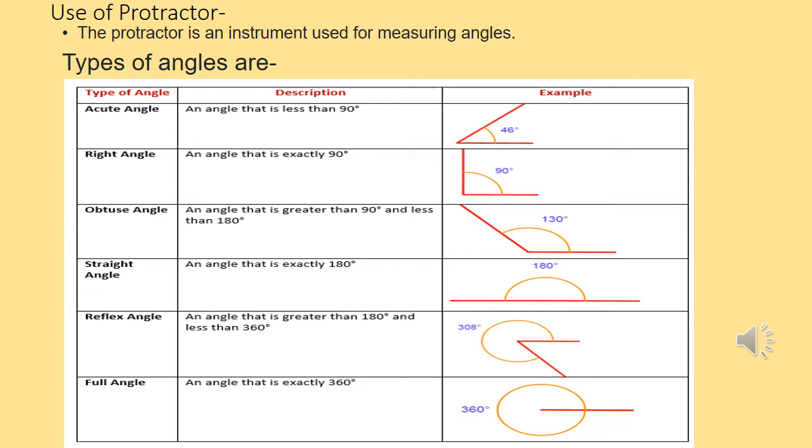Straight angle, an angle that is exactly 180 degrees. Reflex angle, an angle that is greater than 180 degrees and less than 360 degrees. Full angle, an angle that is exactly 360 degrees, which completes the circle. That's why it is also called a complete angle.